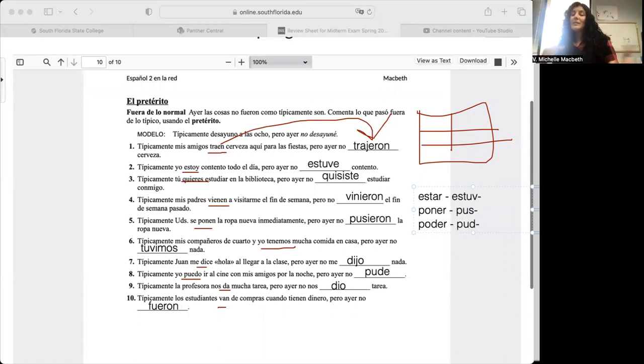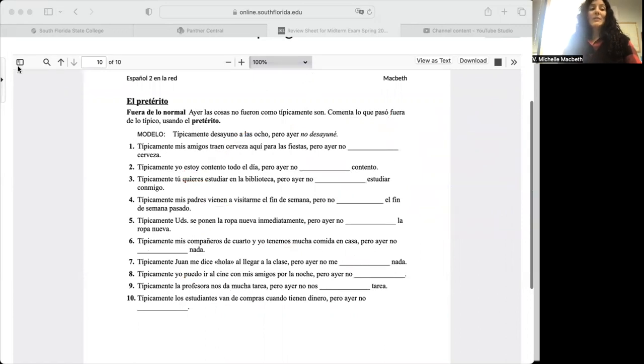I would have written down all of that as a starting point, and then I would have conjugated each one. So these are the kind of notes that I would take as a reference for whenever you're going to be doing the exam. That's something to think about.